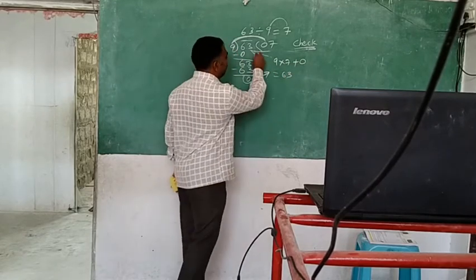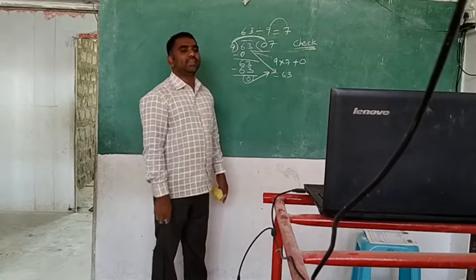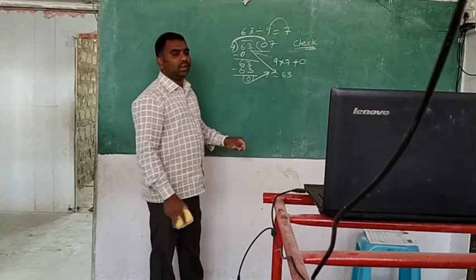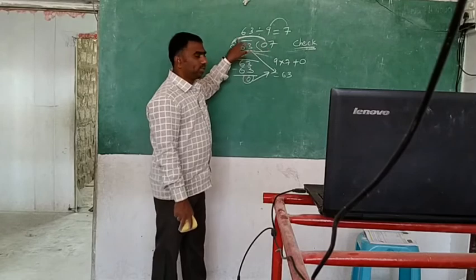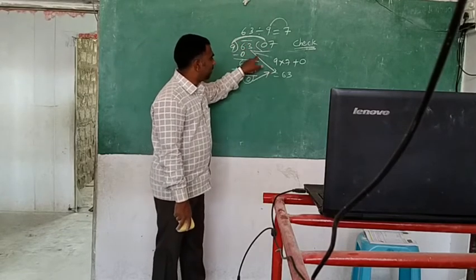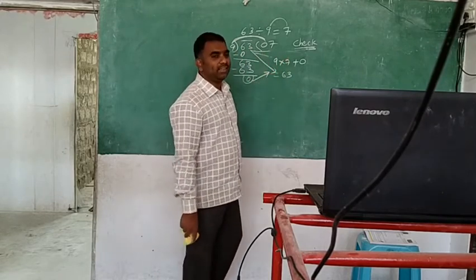Means you should get this number. Then it is correct. Otherwise your division is wrong. How do you check whether your division is correct or not? Multiply these both and add the remainder. Then you should get the same number. Then your division is correct. Otherwise your division is not correct.